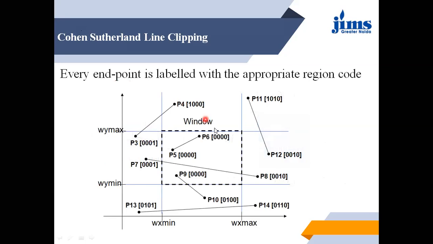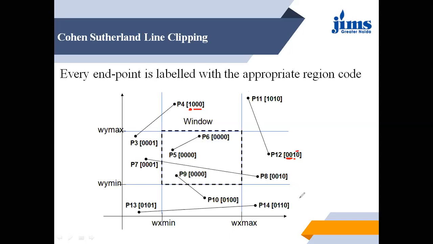So this is how we can assign the labels to different points of a line. Over here you can see that this is above, so I wrote only 1 and the rest are 0. Over here, this is not above, this is not below, this is in the right, so this bit is 1 and the rest are 0.